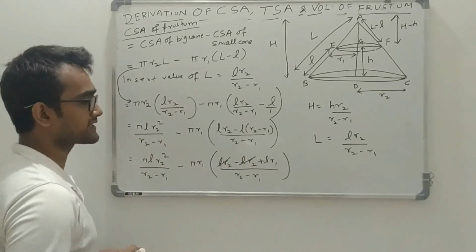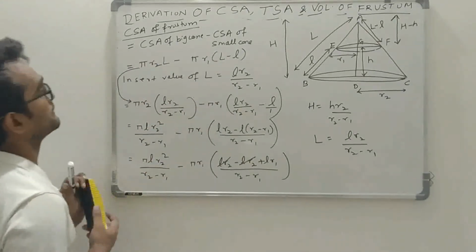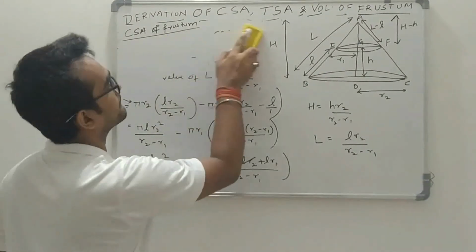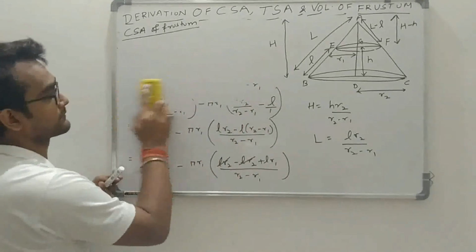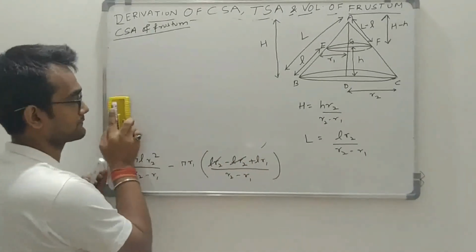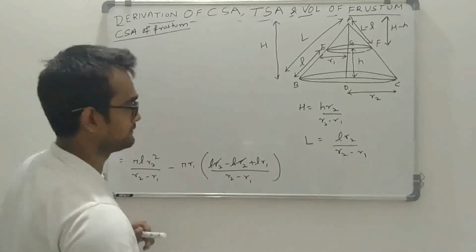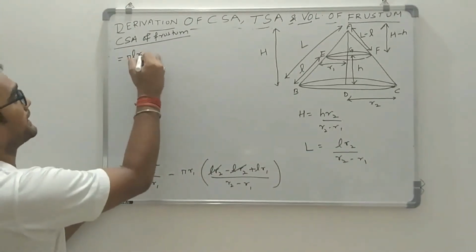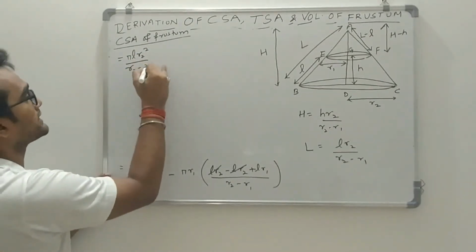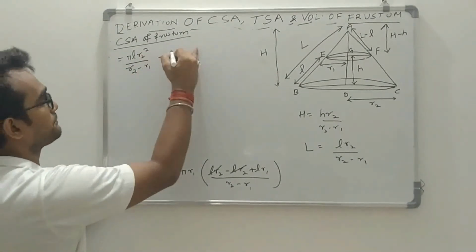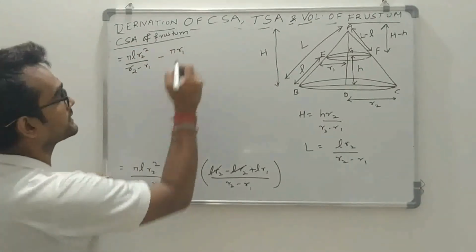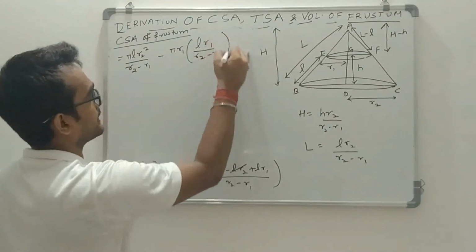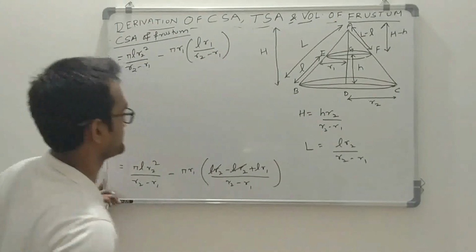Then we will proceed to the next step. I will write this, then I will write that: pi L R2 square upon R2 minus R1 minus pi R1 into L R1 upon R2 minus R1, because these two are cancelled.